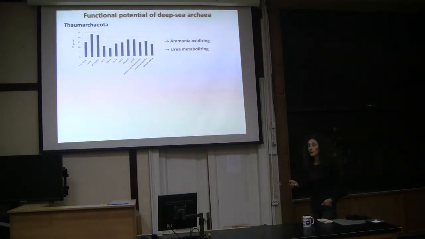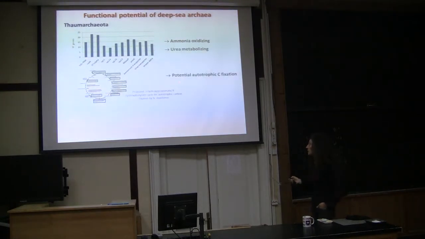This suggests that these organisms are actually ammonia oxidizers, because they have the genes and they have one copy per genome. They also have the potential for autotrophic carbon fixation, because we identified all the genes that in Nitrosopumilus maritimus have been described as members of the carbon fixation cycle.